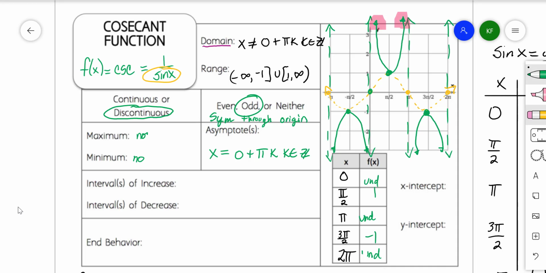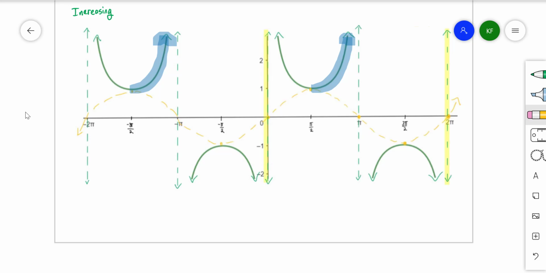All right, now we're working on increasing and decreasing and end behavior. We're looking at the increasing intervals now. So I've marked the increasing just on the top. We have some on the bottom part of the graph, but I'm only focusing on the top right now.